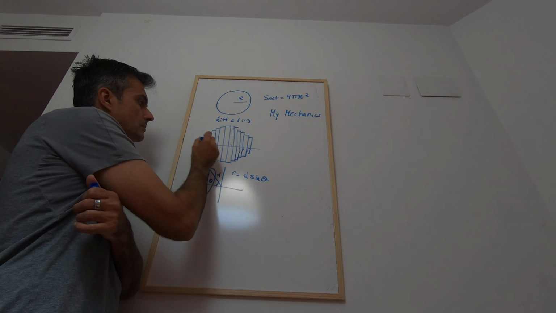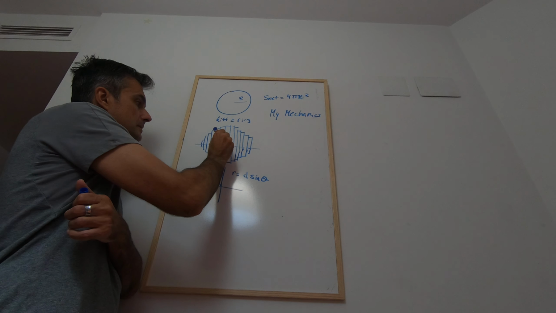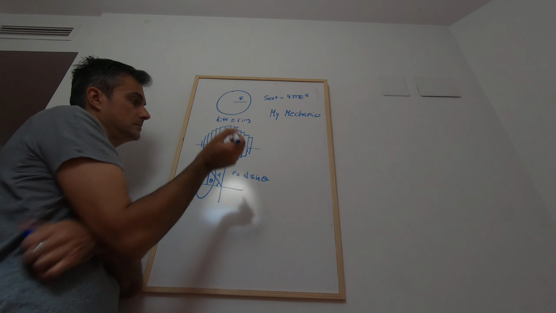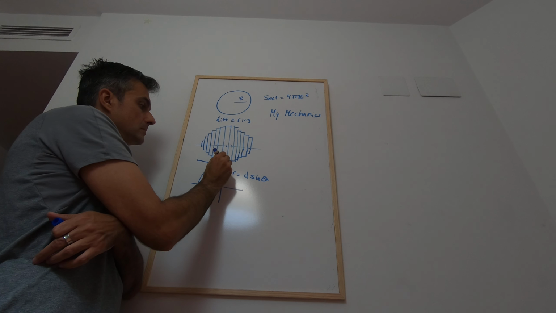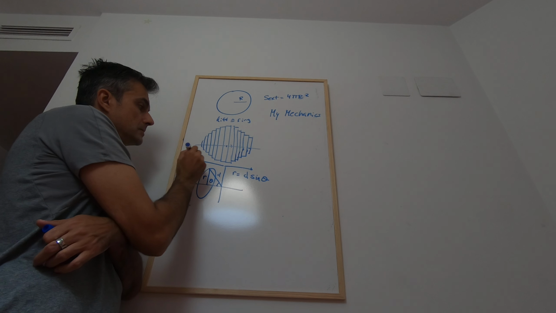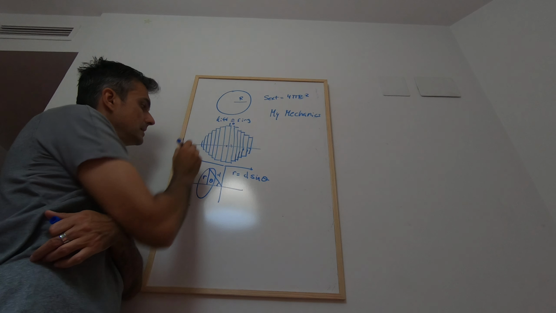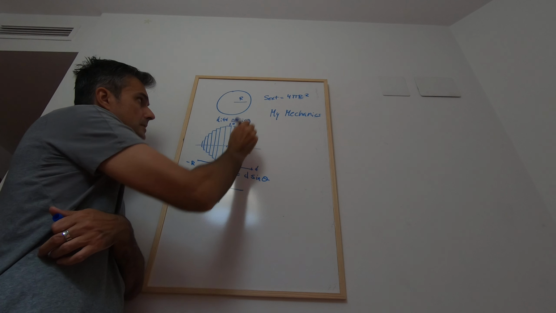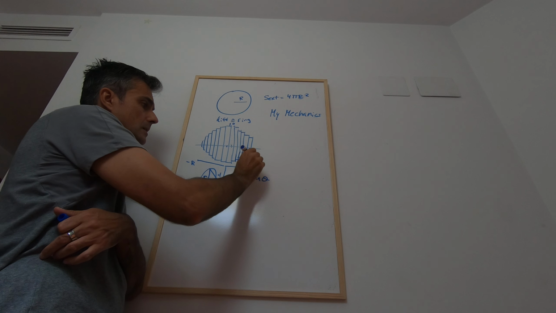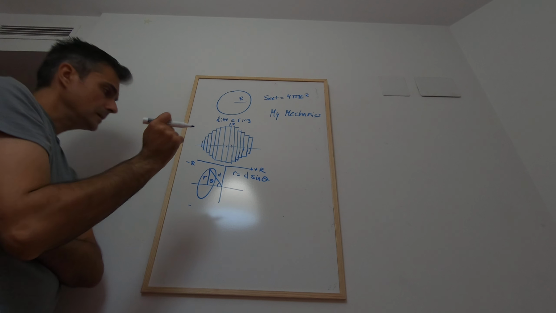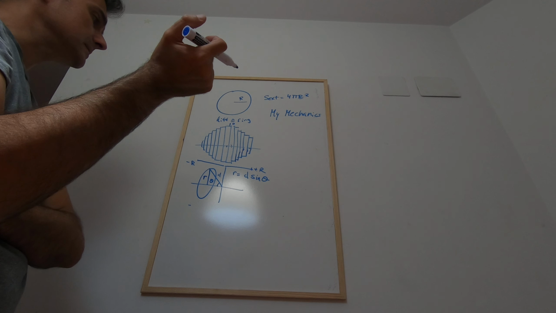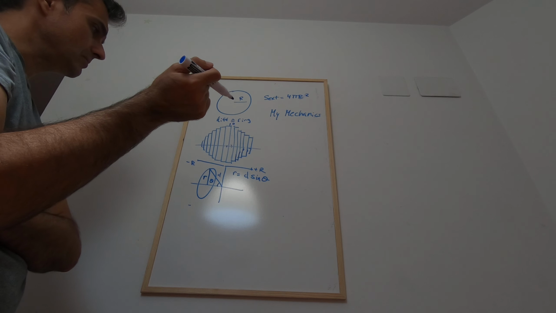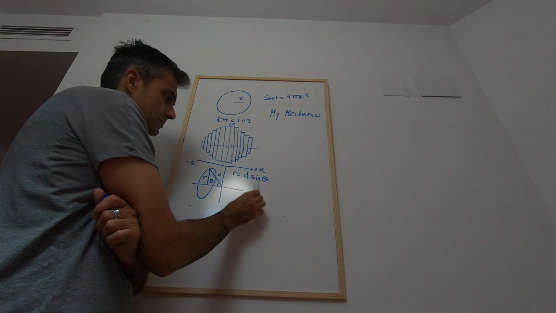d changes from, see, this distance is the radius, and here is 0. What if I go from minus R, the radius, the size of the sphere, to plus R? How about that? But the relationship between them: if I have two variables, I have to integrate with only one.